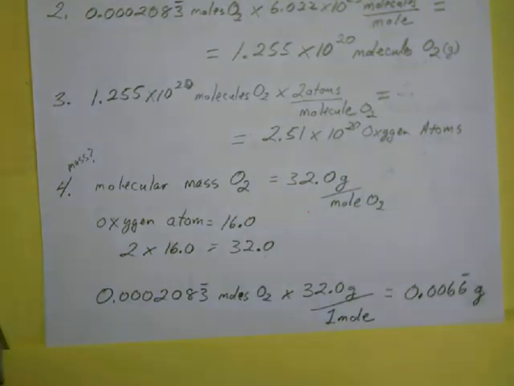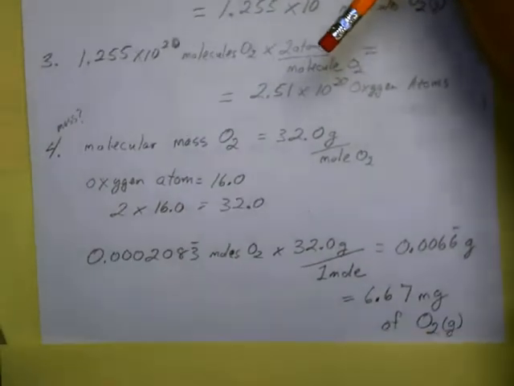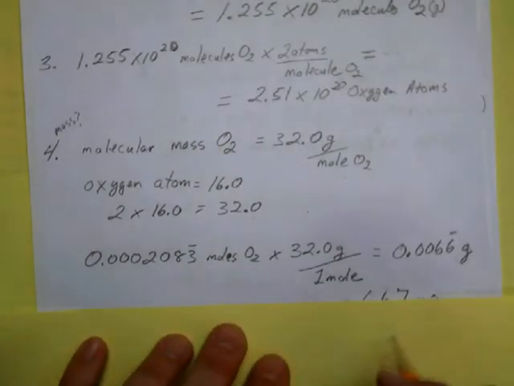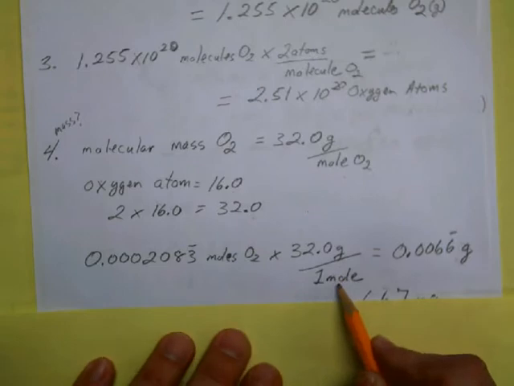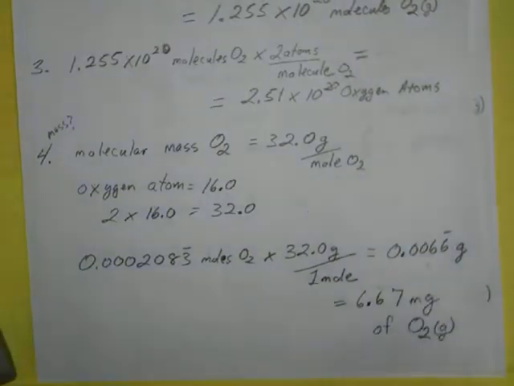So then you take the number of moles of O2 that you calculated above in number 1 times that 32 grams in 1 mole, and you'll get this many grams. The question asked you to express it in milligrams, so you need to multiply it by 1,000, and you get 6.67 milligrams of O2.